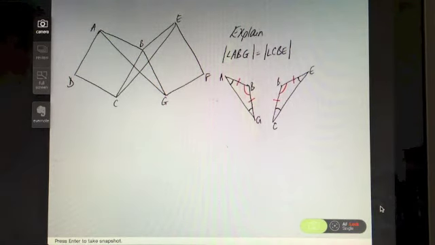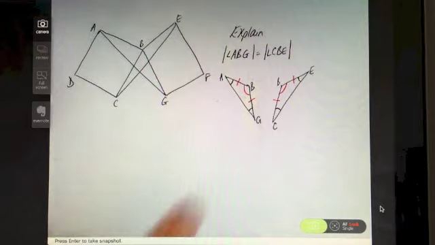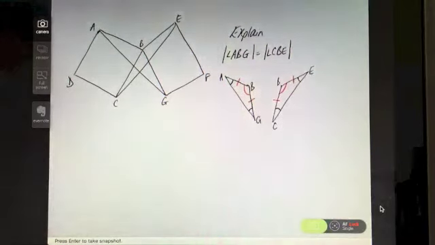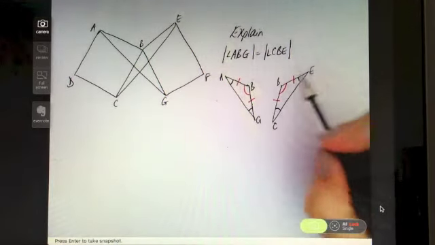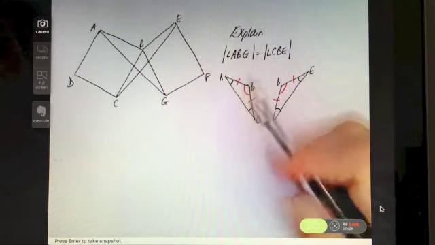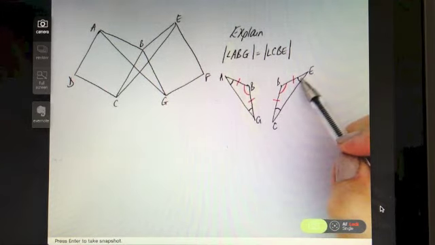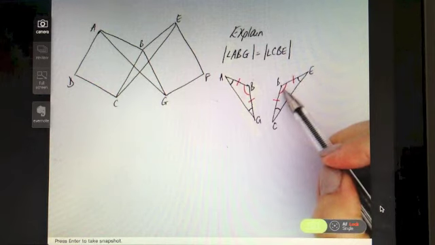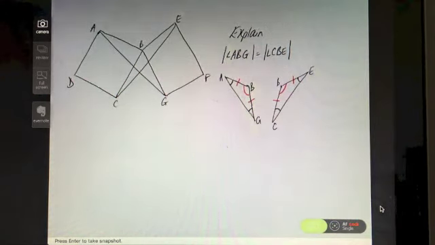So as well as being isosceles triangles, in each triangle they have the same lengths of sides and these angles as well. So if you know that two angles in a triangle are equal, then it follows that the third angle also has to be equal.